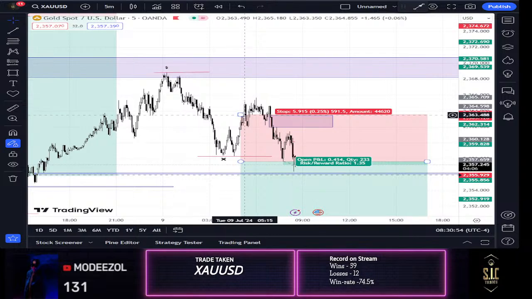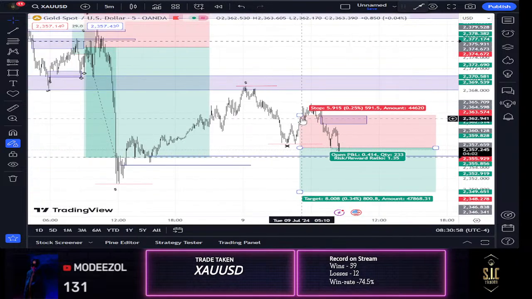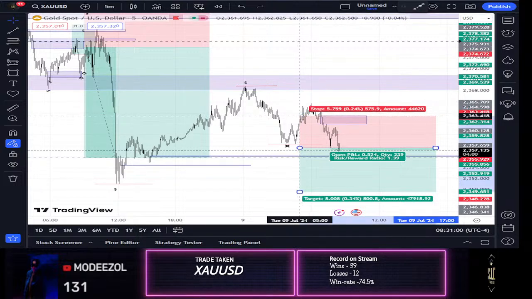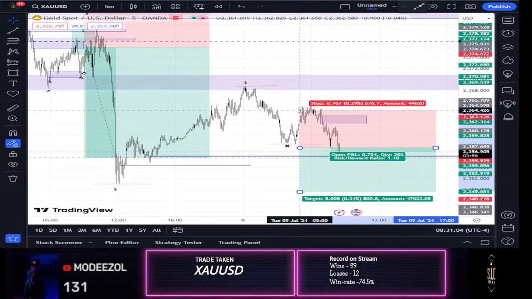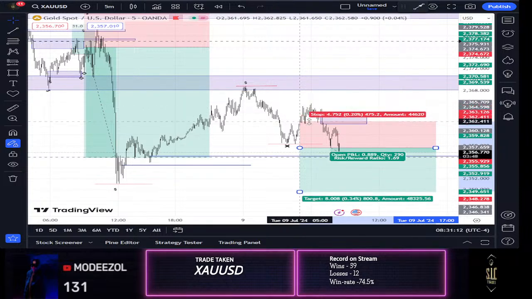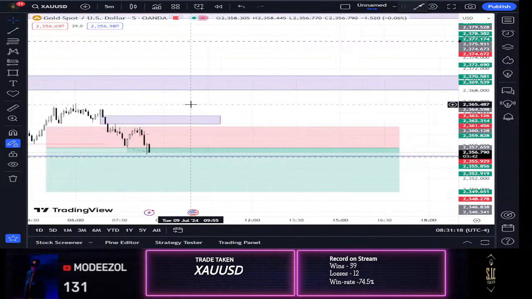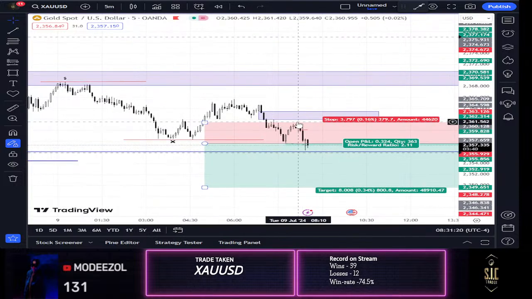I can play it however I want to play it, but I really just like to play around with the 50 pip stop. I also don't just determine it off of a 50 pip stop. I'll actually determine it off of a high, right? So my entry, and then I can just do this high right here, boom. And I'll just say, hey, there's 35 pips here, 37 pips here.